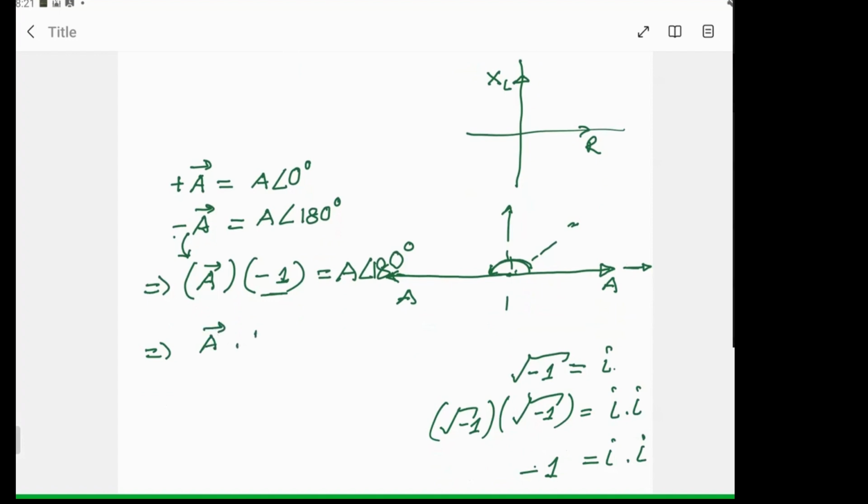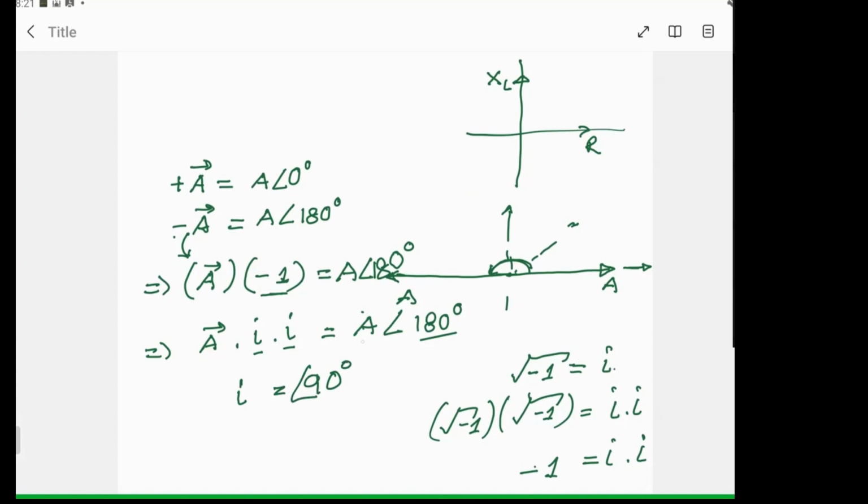If you multiply it with quantity I and again with I, that is actually giving you A with 180-degree phase shift. Now, if you multiply I times I, that will give you 180-degree, then I can find out I is actually 90-degree.